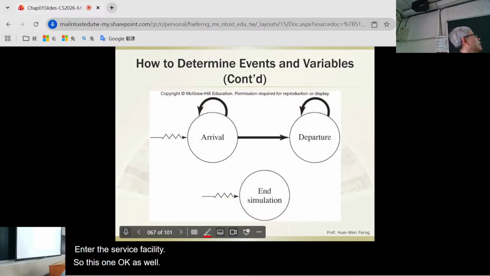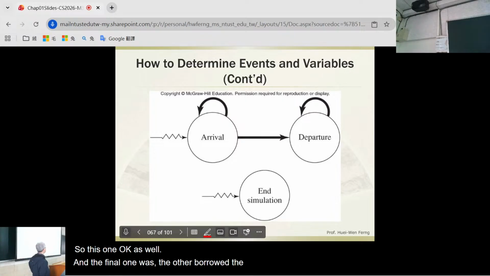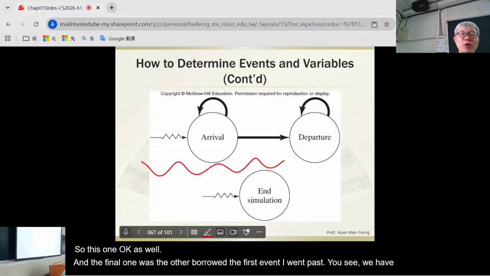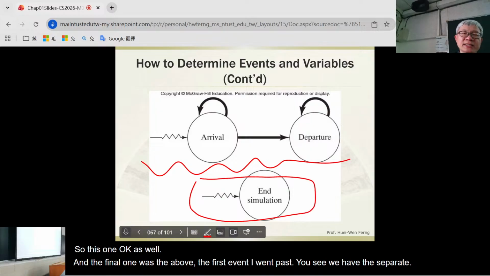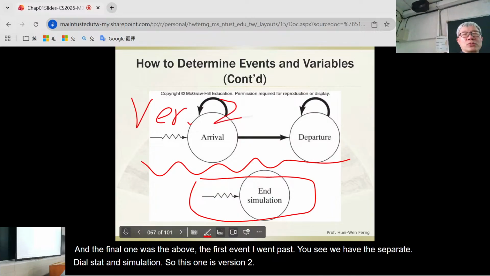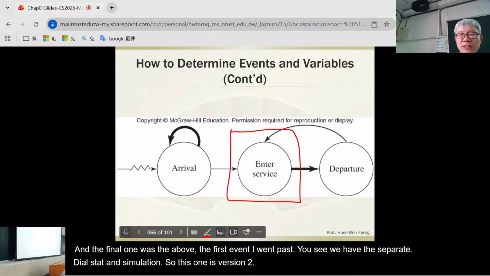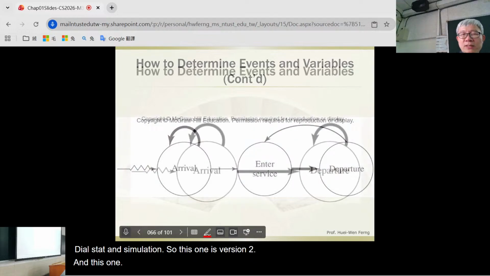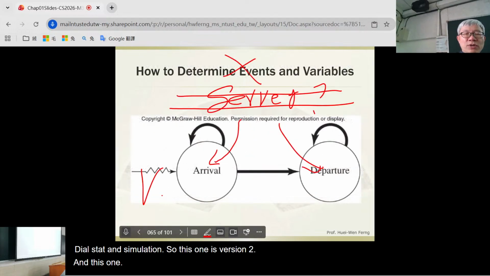And the final one, we still borrow the first event diagram, but you see, we have the separate start and simulation. So this one is version 2, and this one is version 1.